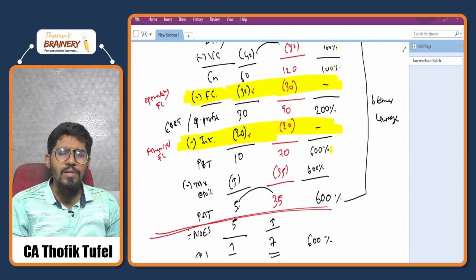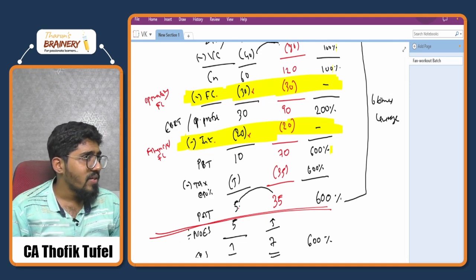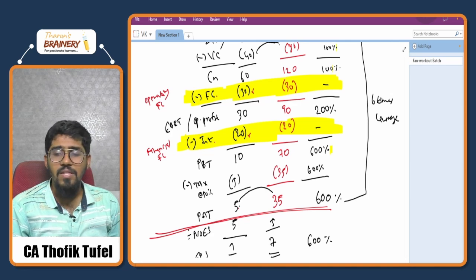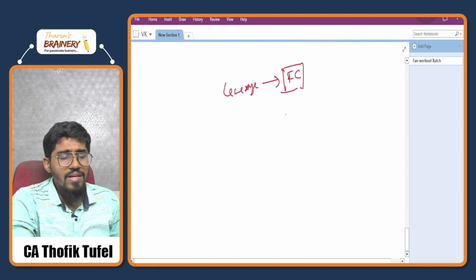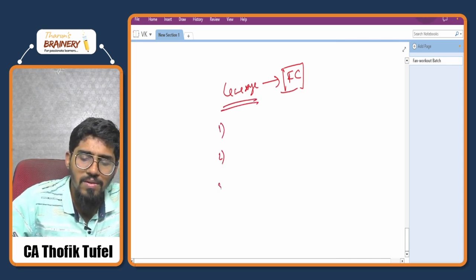So leverage is happening because of fixed cost, and fixed cost is again bifurcated into two: operating fixed cost and financial fixed cost. I'm telling you now, we have three types of leverages. Sir, what are those three types?